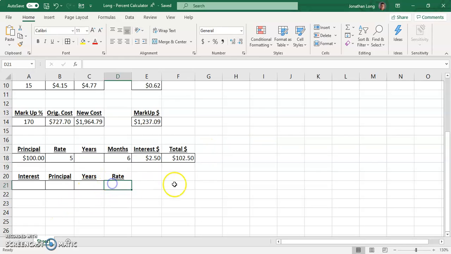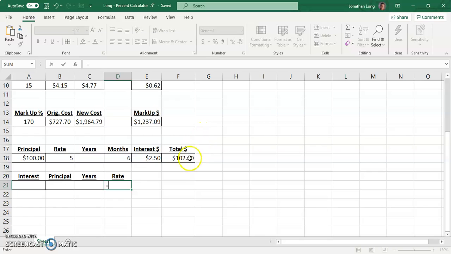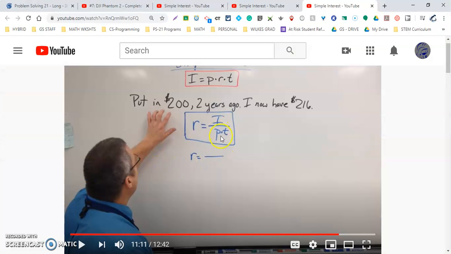So go to rate and let's put in equals interest. Let's flip back again one more time. Interest divided by principal times time. So equals interest divided by, now principal times time, I need that number first so that I then can do my division.